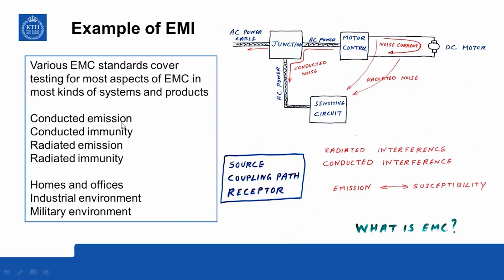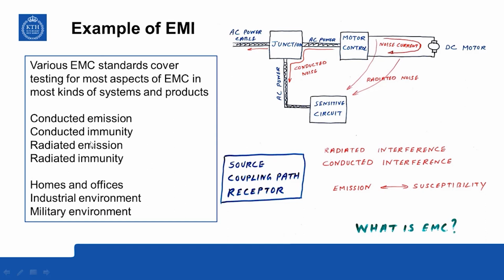Due to that, you can have EMC issues. Then, corollary to that, conducted immunity, then radiated emission and radiated immunity. So all these things are covered under various EMC standards, and there will be test methods specified also.